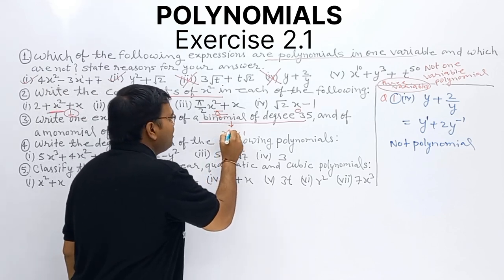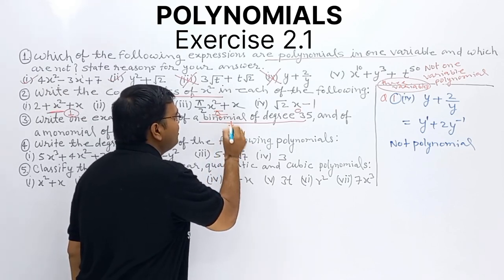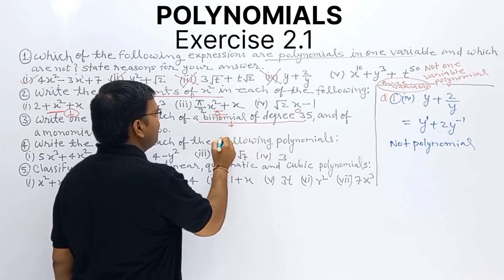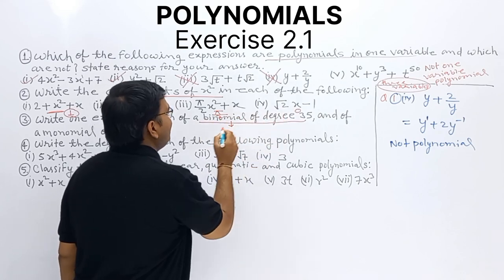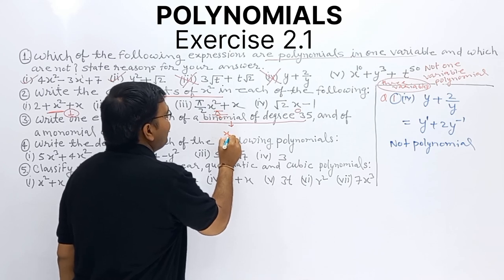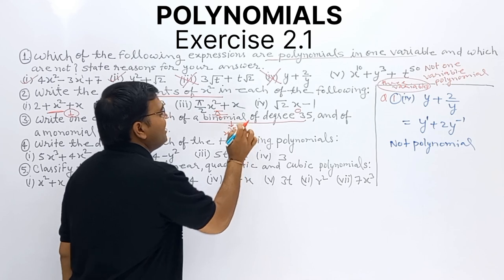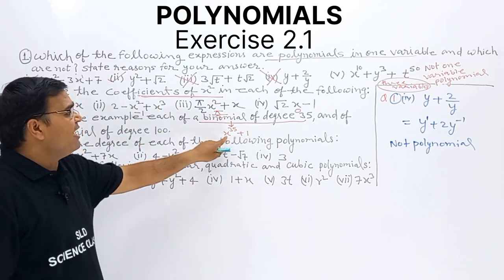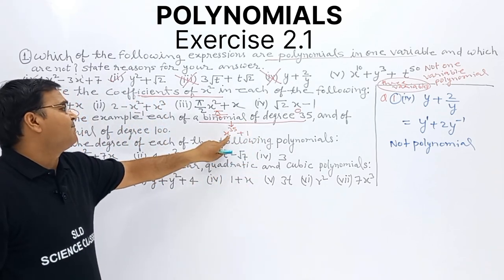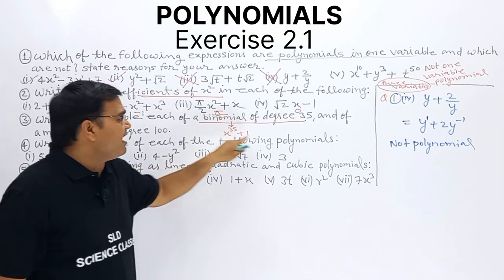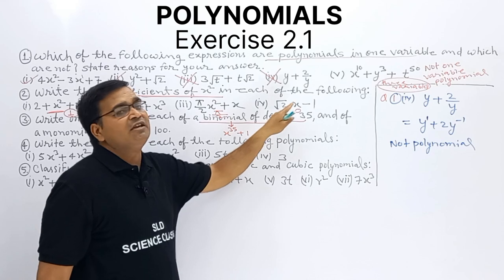So convert it into degree 35. We will put the power of the variable as this one. I am writing again. Binomial of degree 35: x power 35 plus 1. This is one example. I am using x as a variable and its maximum power is 35, so this expression has degree 35.